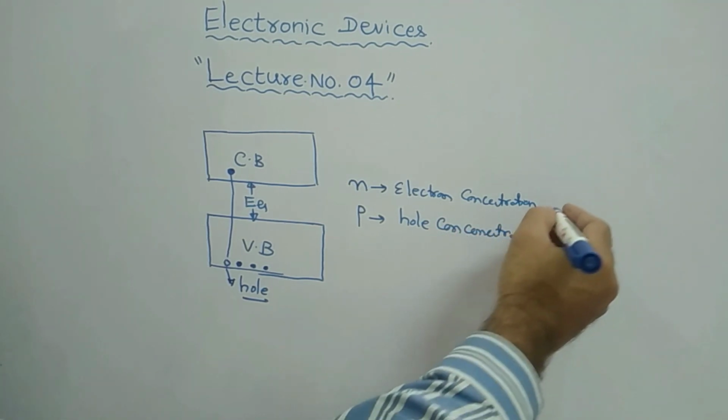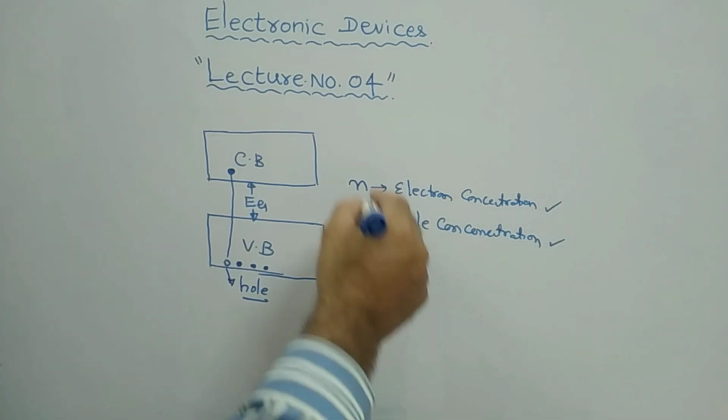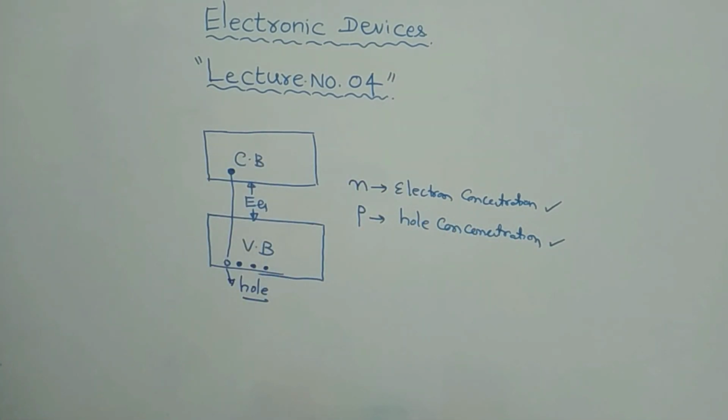Now, individually, with respect to both electrons and holes, we can define the conductivity.